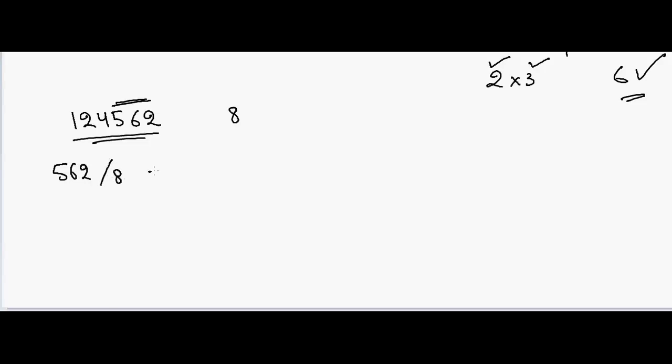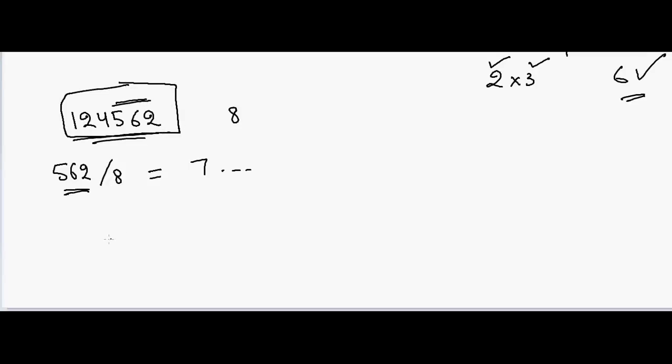If we divide it by 8, from this I can see that I get 7 and then something which is not divisible by 8. So this number is not divisible by 8, so this whole number should not be divisible by 8.